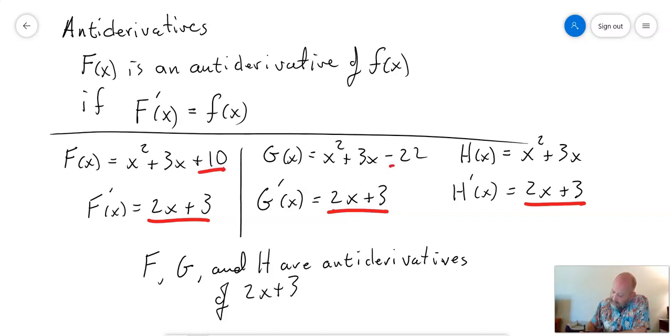And you notice how they all differ, right? Each one of them, basically, the only thing different is what's at the end, the constant term.